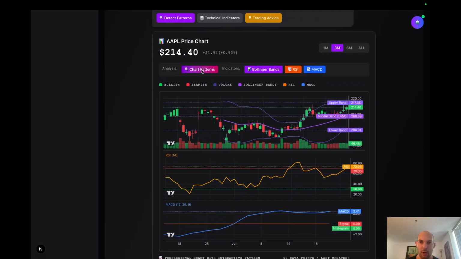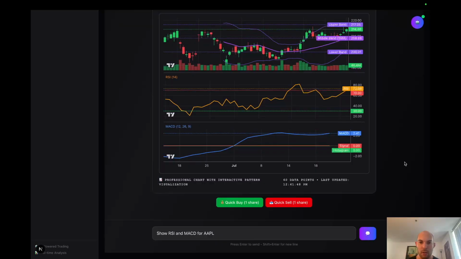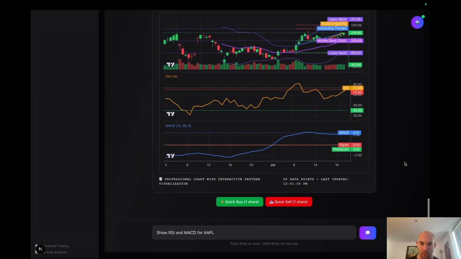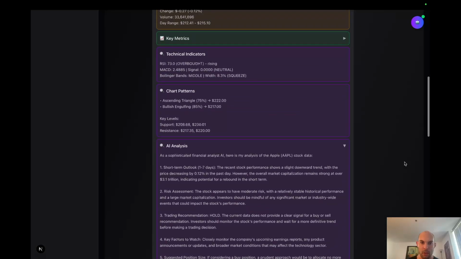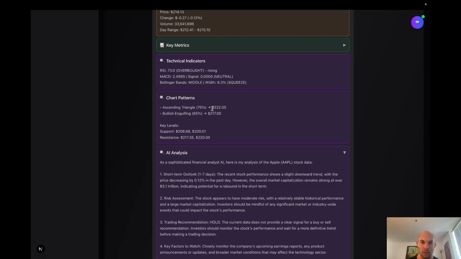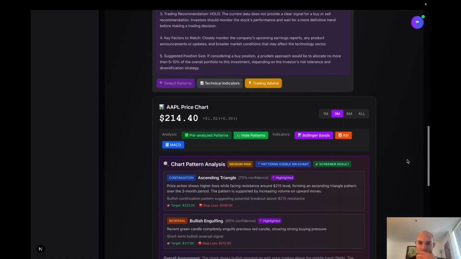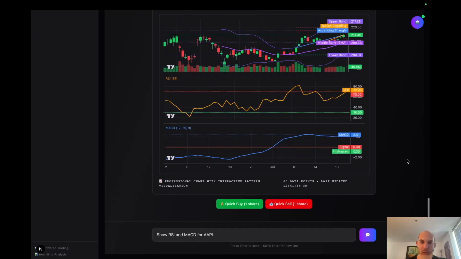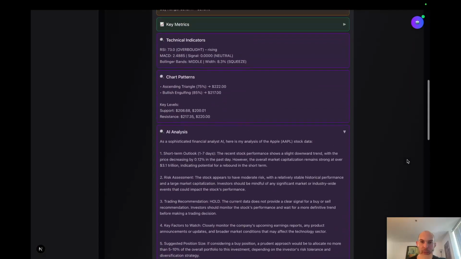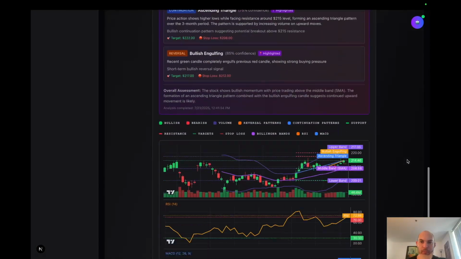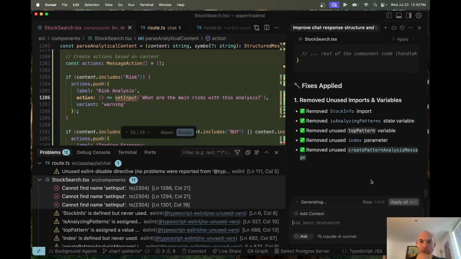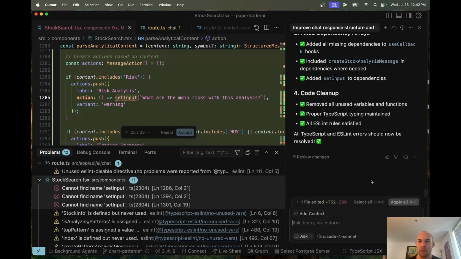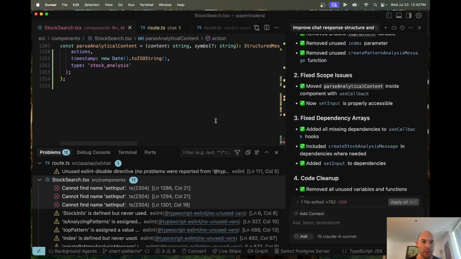Okay. So we do chart patterns. Okay. Very cool. That's really something. This has cleaned up a lot. Let's see if we break it. Because we at least know this works.